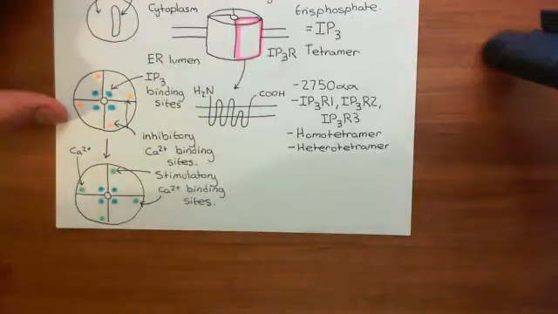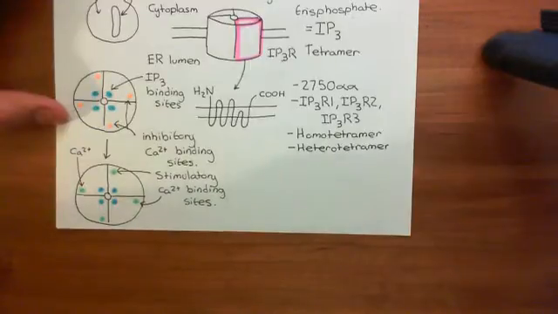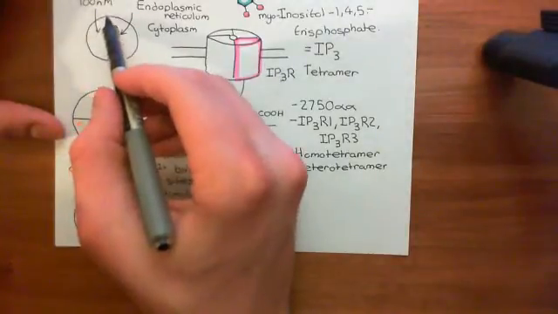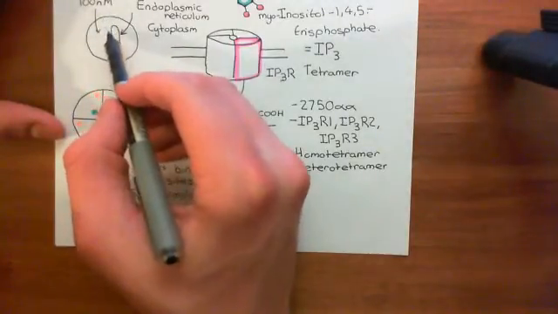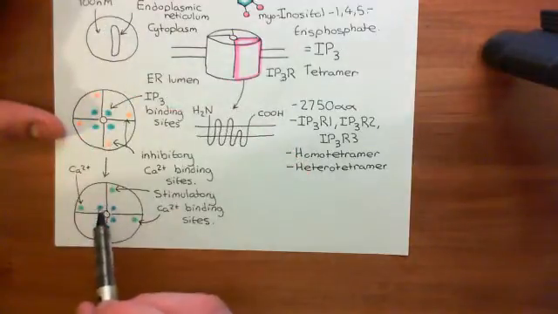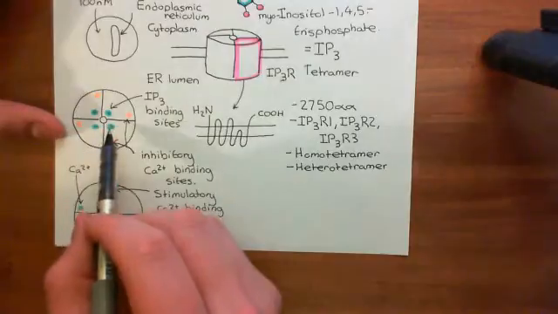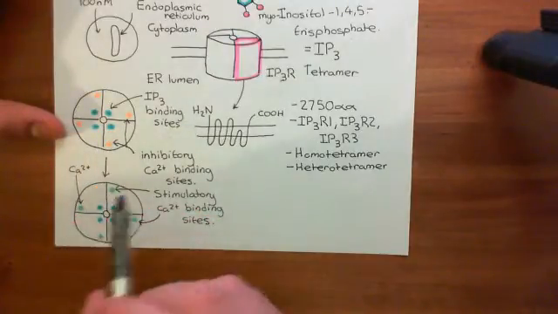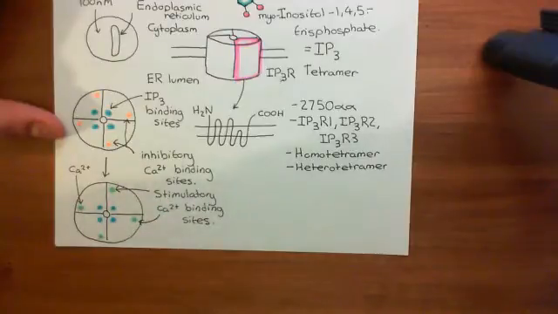Now, it's still a little bit of a mystery where the initial calcium that opens an IP3 receptor comes from. It's believed that it must come from the extracellular fluid. So some calcium channel must open that then allows a little bit of calcium to come in, which then binds to the stimulatory calcium binding sites on these IP3 loaded IP3 receptors, and then causes them to open, and then they release a large amount of calcium from the ER.